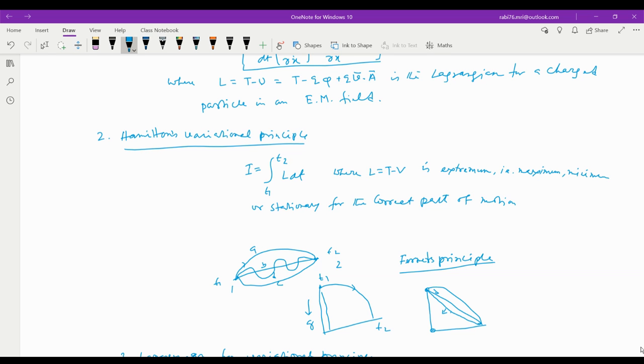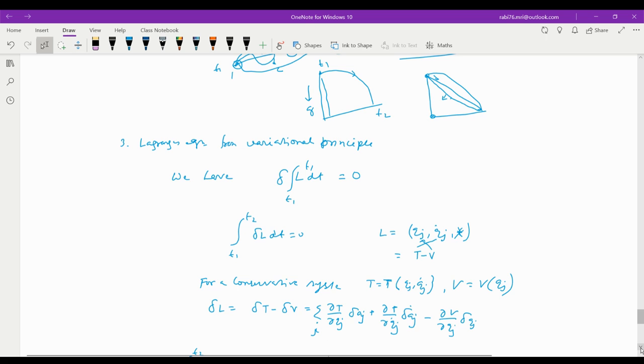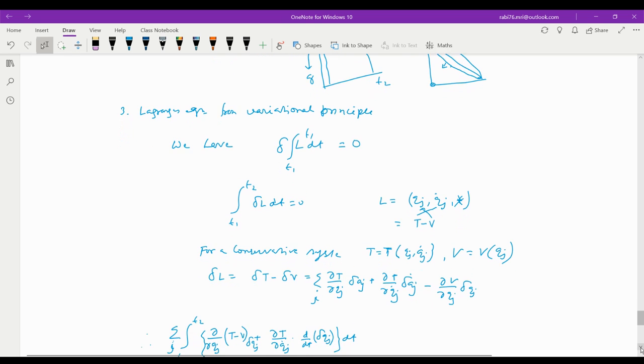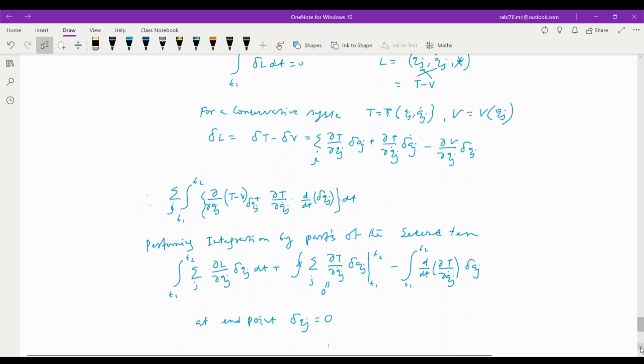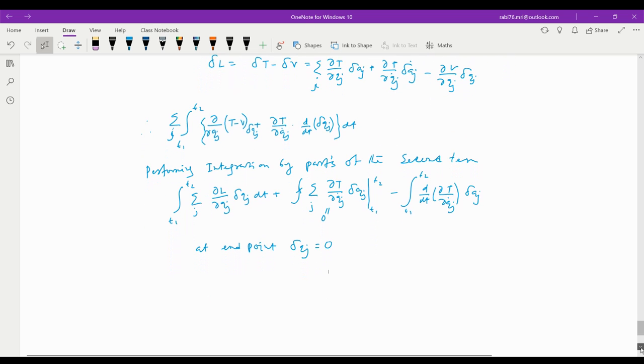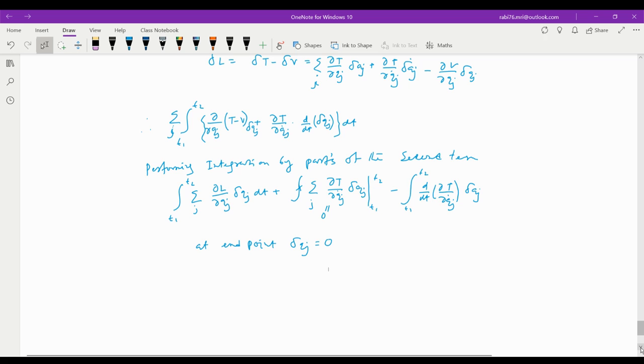So here the variation delta qj for different paths will be equal to 0, right? So we are exploiting this idea to evaluate this integral, delta qj equals to 0.